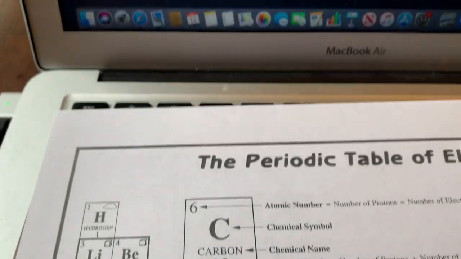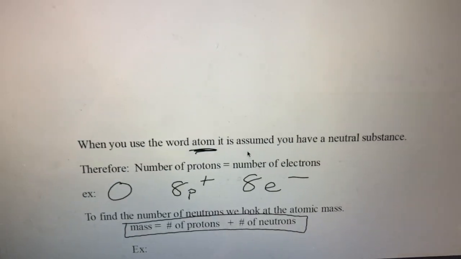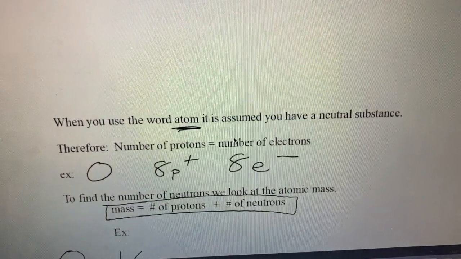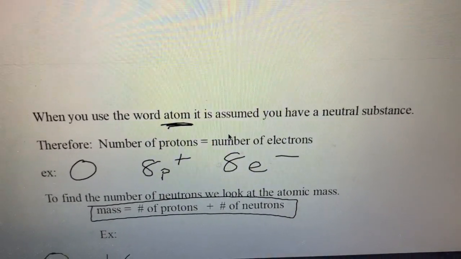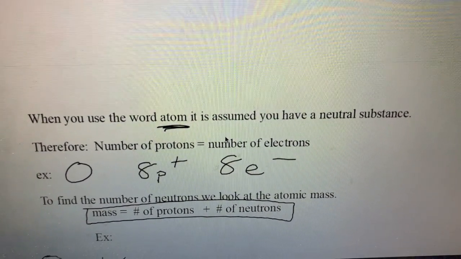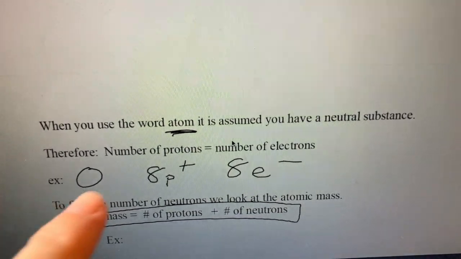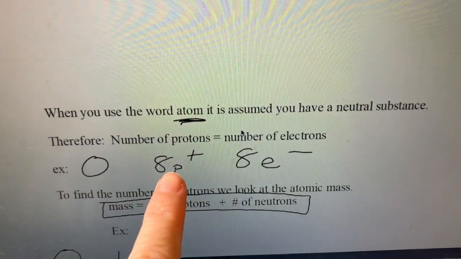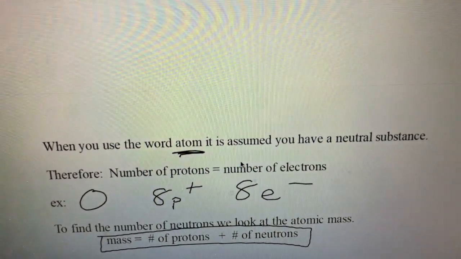All right, great. Okay, so let me scroll down a bit. When we use the word atom, it is assumed that you have a neutral substance. So what do I mean by that? It means that it is electrically neutral. So if I use the word atom, your number of protons and your number of electrons must be the same.